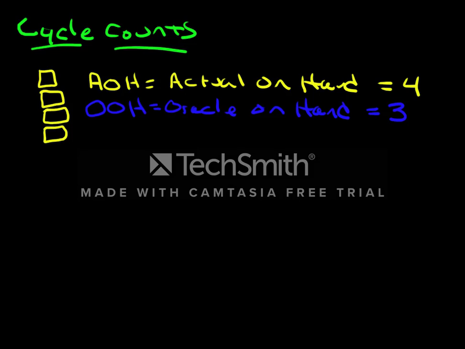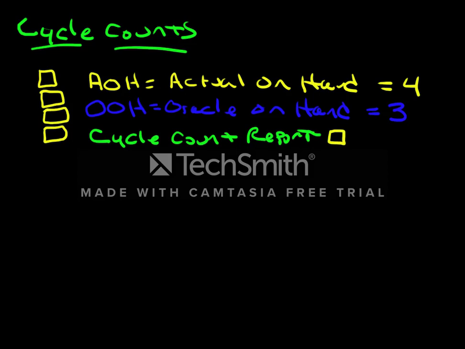So then we can do a cycle count report. We run a report from Oracle. We run a cycle count report, and the cycle count report happens to pick yellow squares. It tells us that it wants us to count how many yellow squares are there.